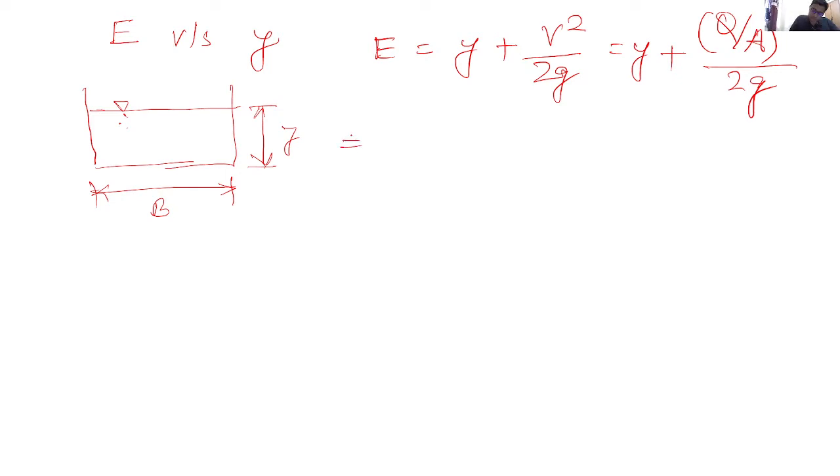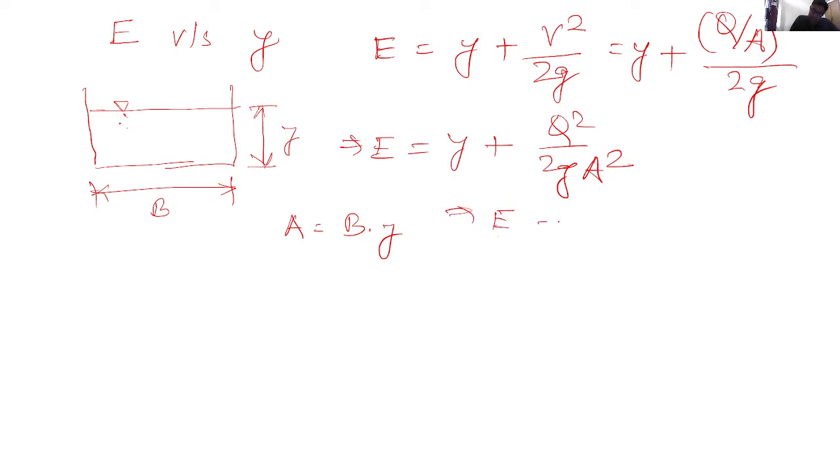So E can be written finally as y plus Q square by 2gA square, and when we substitute A equal to b times y, as in the case of a rectangular open channel, we can write E equal to y plus Q square by 2g b square y square. It's very simple to understand, right?